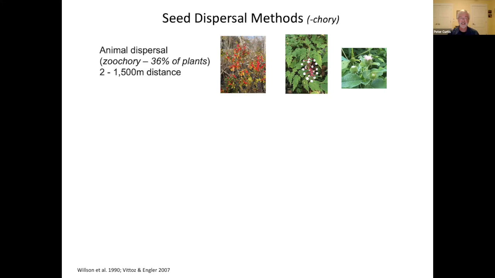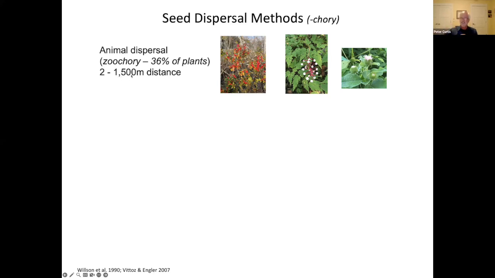And there they estimate somewhere between 200 and 1,500 meters as this outside distance that seeds would be dispersed using animal dispersal. This would be 90% of the seeds get no further than 1,500 meters. So 1.5 kilometers, pretty decent distance.